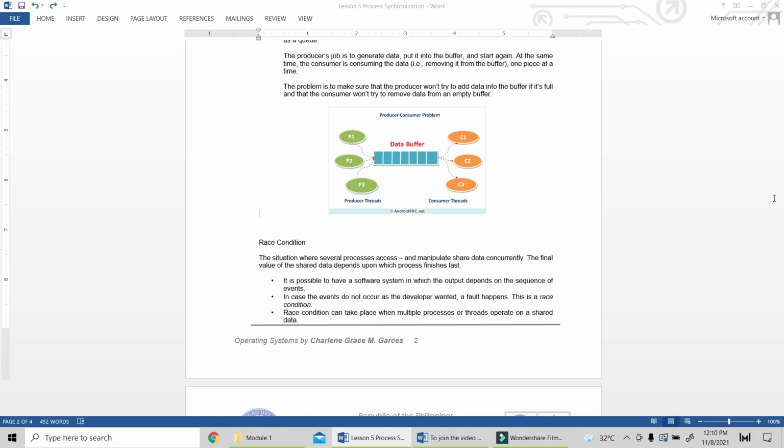So in case the events do not occur as the developer wanted, a fault happens. So that's what we call the race condition. A race condition can take place when multiple processes or threads operate on shared data, meaning concurrent programming, so simultaneous programming at the same time.